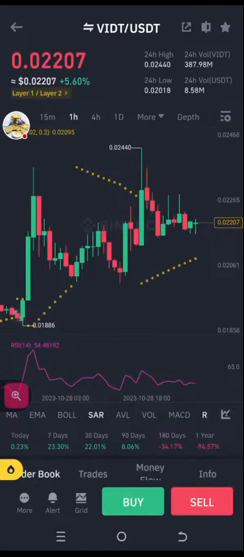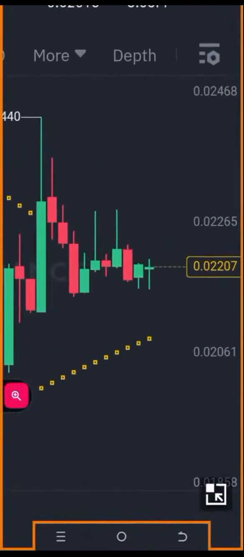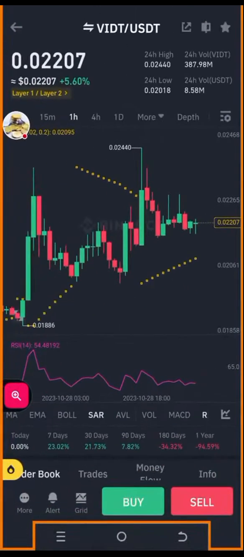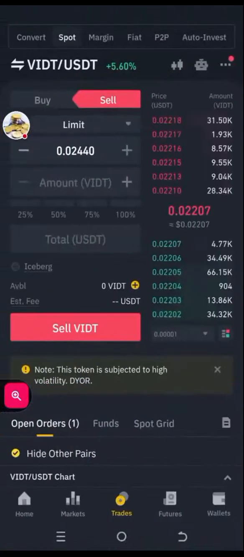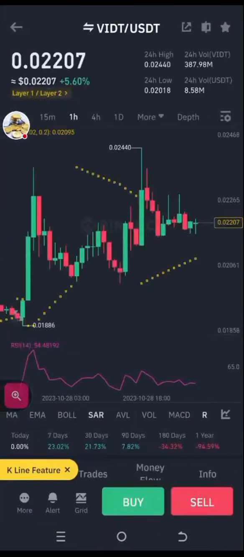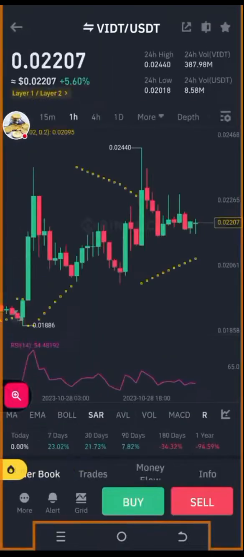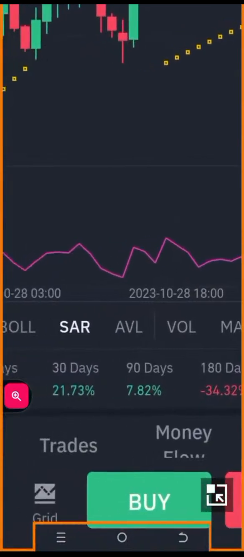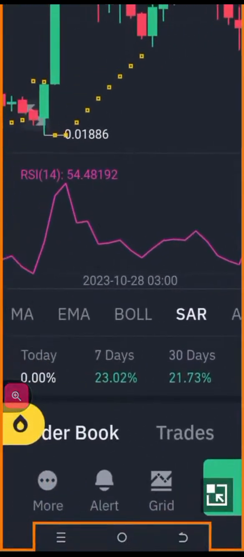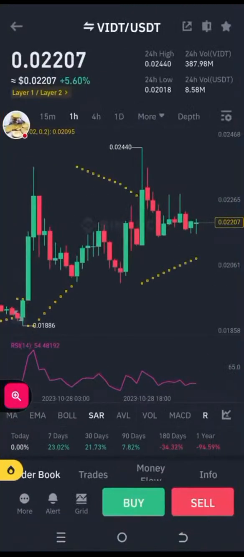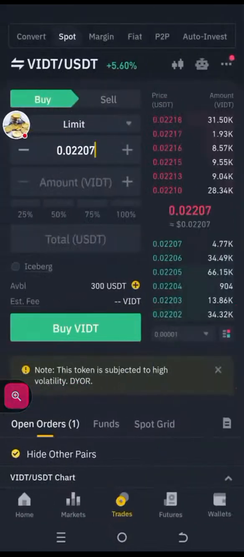VIDT. I just pray that as it's going up, it just keeps on going up. It's not fully on pump mode, but the conditions look right. Let me see. The parabolic size is under, but the RSI is not as high. Okay, let's go ahead and just try this out.